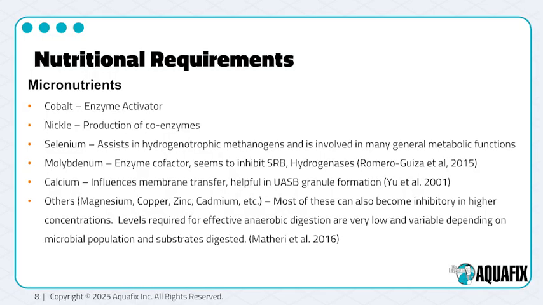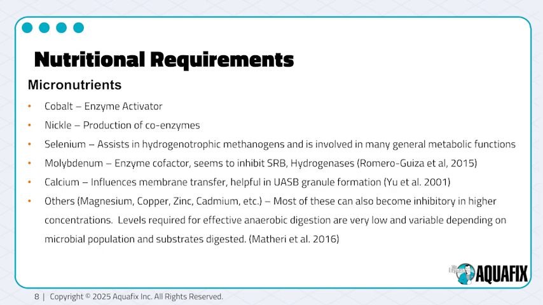Finally, we have micronutrients. The big four in my general thoughts are cobalt, nickel, selenium, and molybdenum. These are generally all assisting in enzyme processes and the production of enzymes, so they're very tied into the enzymes we'll be talking about in the rest of the presentation. If you don't have these nutrients, methanogens are unable to function efficiently.